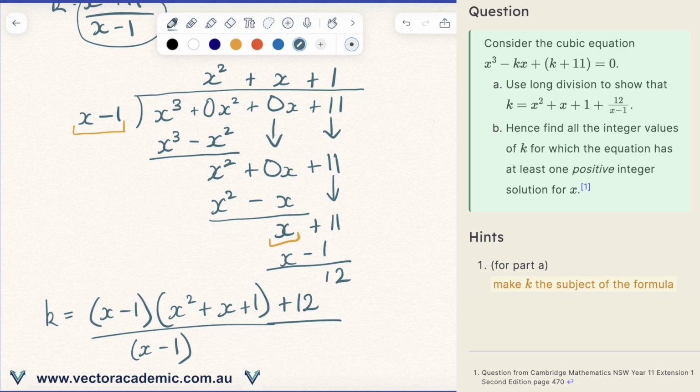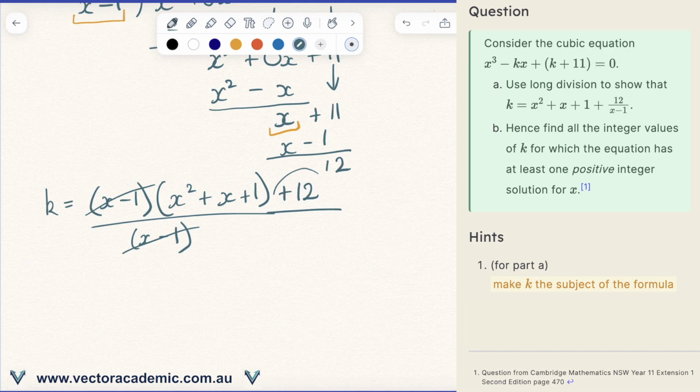So when we cancel the x minus 1s, we're not cancelling there. So we get x squared plus x plus 1 plus 12 over x minus 1, as we were asked to show.